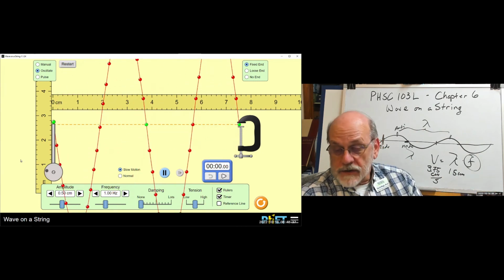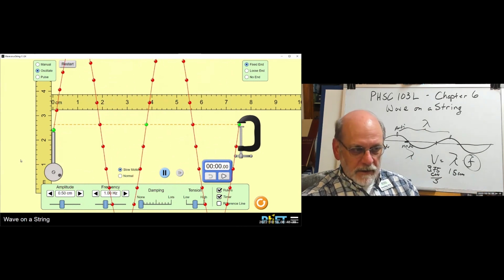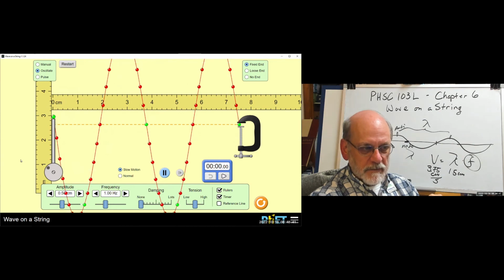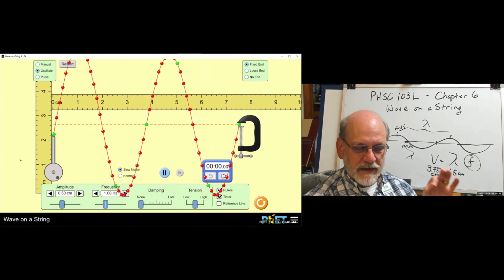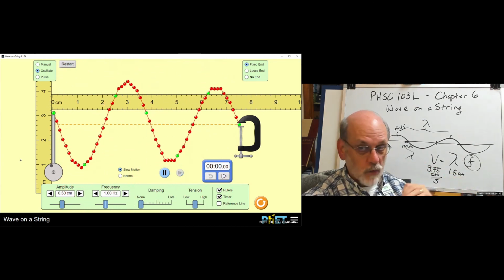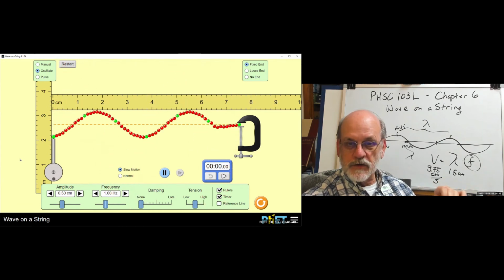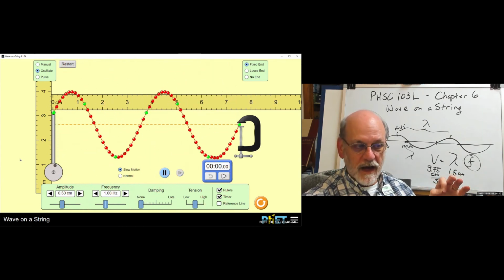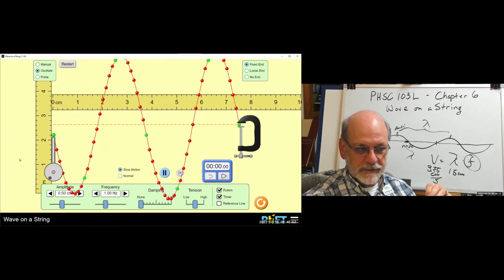We could call it meters if you want, but once you get the wavelength set in a certain unit of measure, don't change it, because if you change it, then our calculations fall apart.